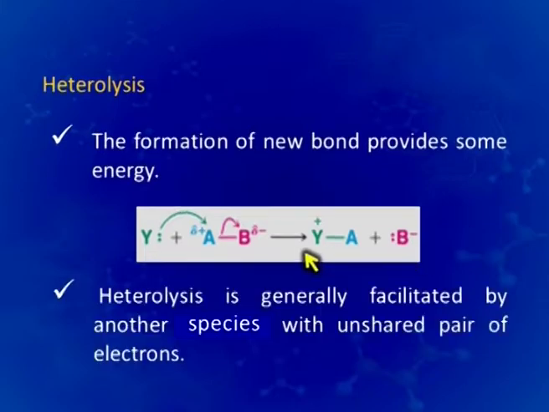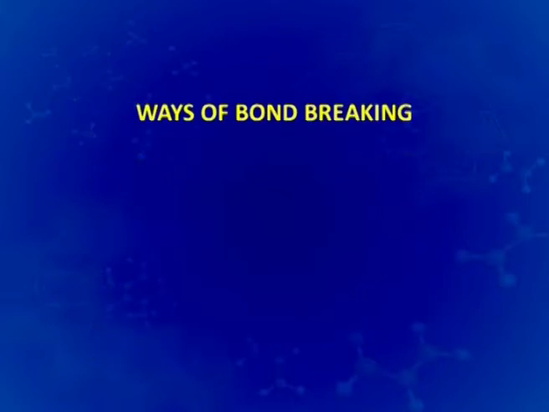And heterolysis is generally facilitated by another species with an unshared pair of electrons, so that the pair can be given to the one which is deficient in that electron, and give rise to the product. The other way of bond breaking is homolysis.